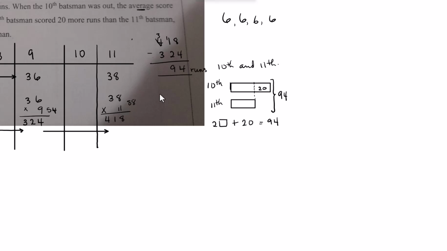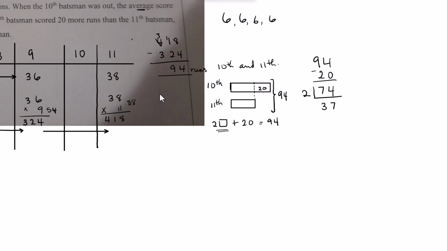We can tell that this here can be found out by working backwards. So we're going to say 94, take away 20, that's 74. And the 74 would be equal to the two boxes. Since the two boxes are the same, we will be dividing by 2.